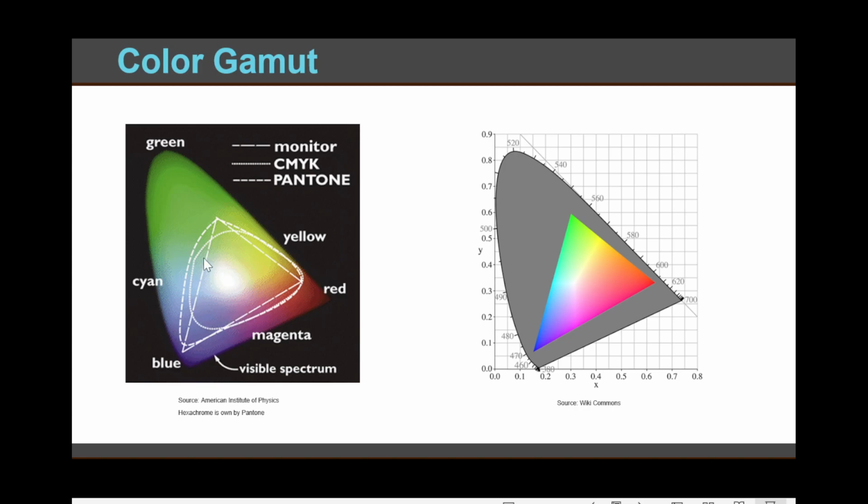The CMYK is this more slightly dashed, less angular one. And then the Pantone or hexachrome color spectrum is a little more round, includes a few more things. So now you can see that monitors specialize in this space to the right.